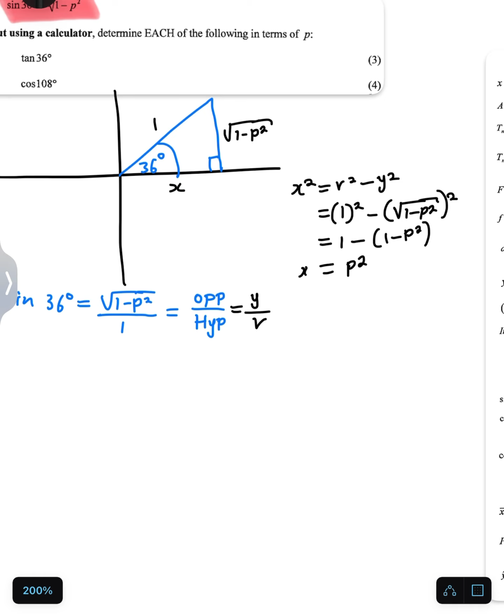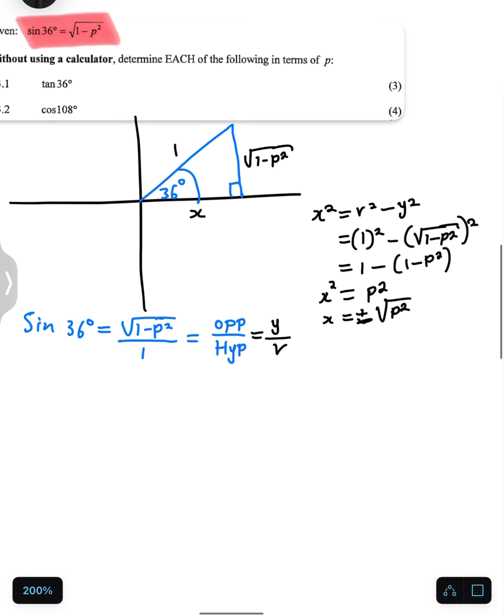So we're looking for x. So x will be plus or minus p. But as you can see, our diagram is in the first quadrant, so x must be positive.